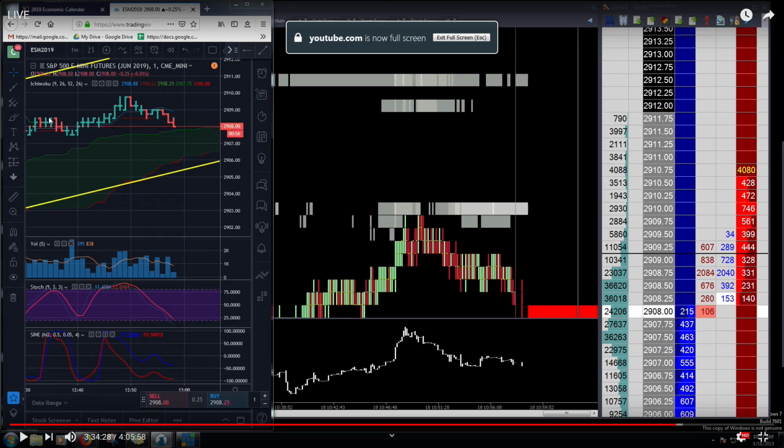It's right here. So this is where we got out of that one trade. Okay, so it does come back down to where my entry was, or a little bit past my entry. And then it does one final push up. Okay.